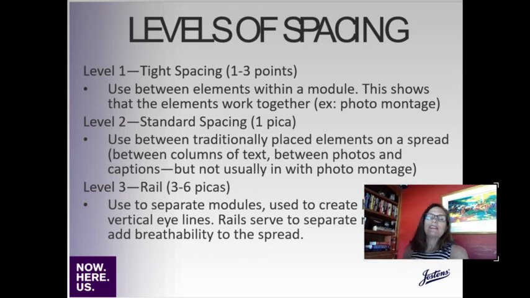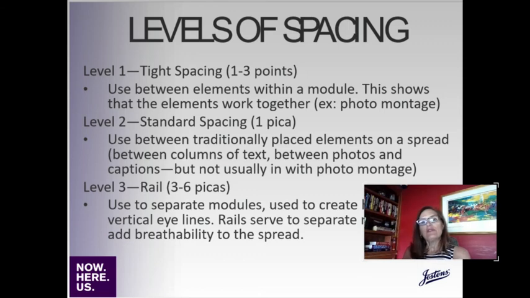Level 2 spacing is standard spacing. It's that 1 pica internal margin that goes between typically photos and captions, between 2 columns of text, for instance, between headline treatment and the body copy. Typically, not always, but typically that 1 pica spacing is going to be used there.